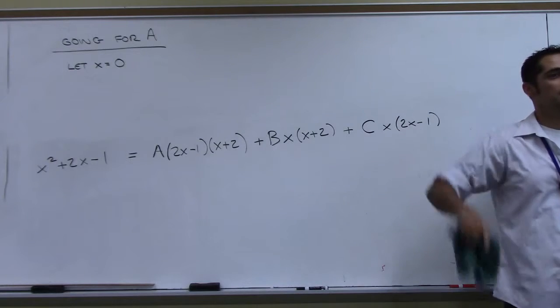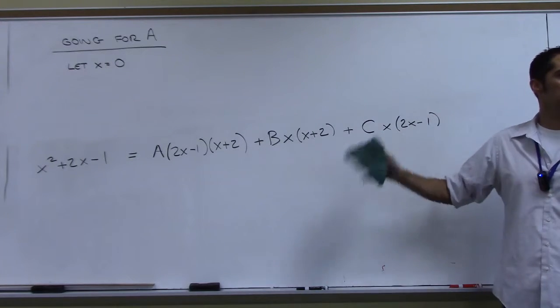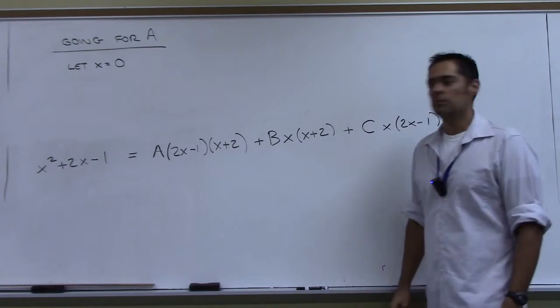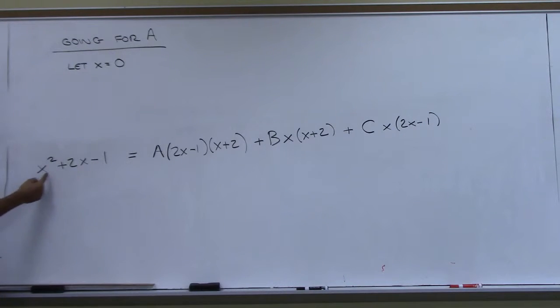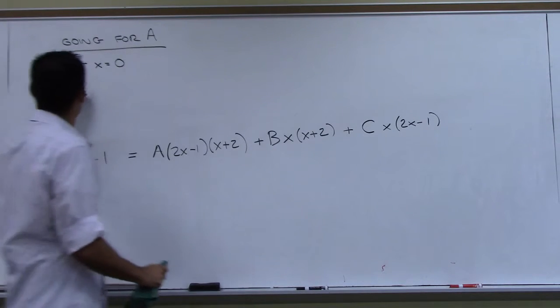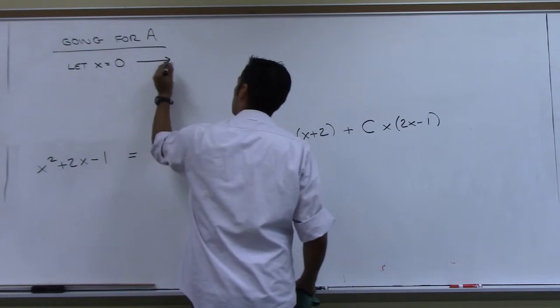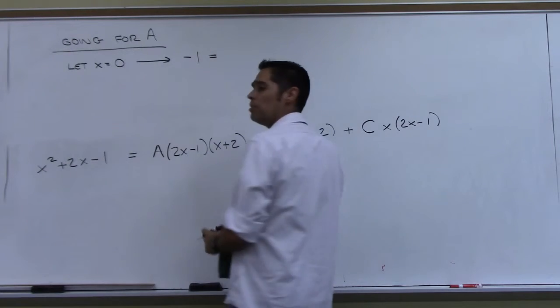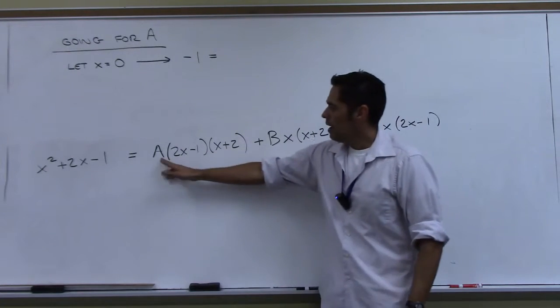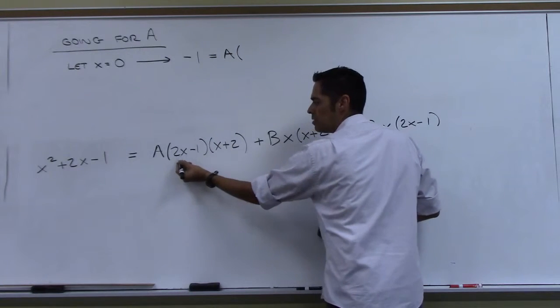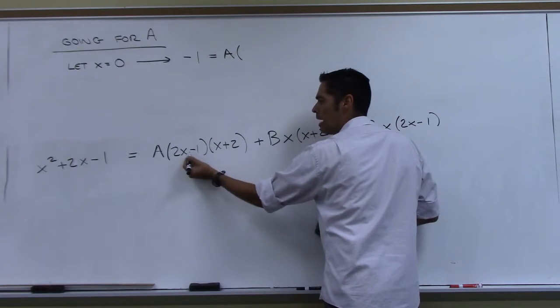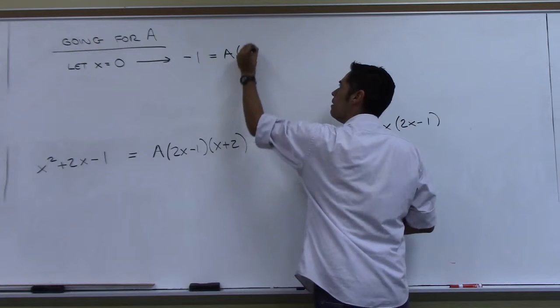Rewrite the entire equation with x replaced with 0, every x you see. 0, 0, minus 1, right? So I get minus 1. When I let x be 0, the equation becomes minus 1 on the left side equals A times, what's 2 times 0? 0 minus 1, minus 1.